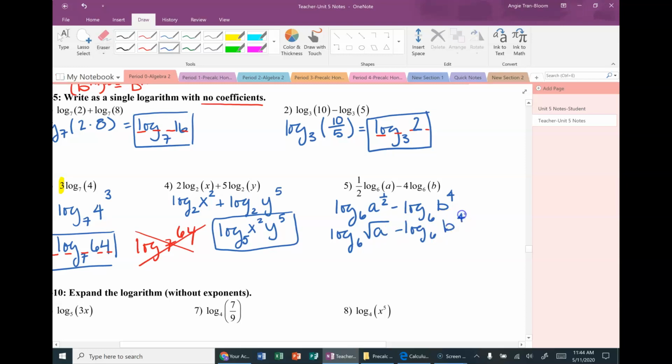Well, we still have a minus in the middle to take care of because it wants us to write it as 1 log. So it's a subtraction. That means we are going to rewrite it as a division. So that becomes the final answer: log base 6 of rad a divided by b to the 4th.